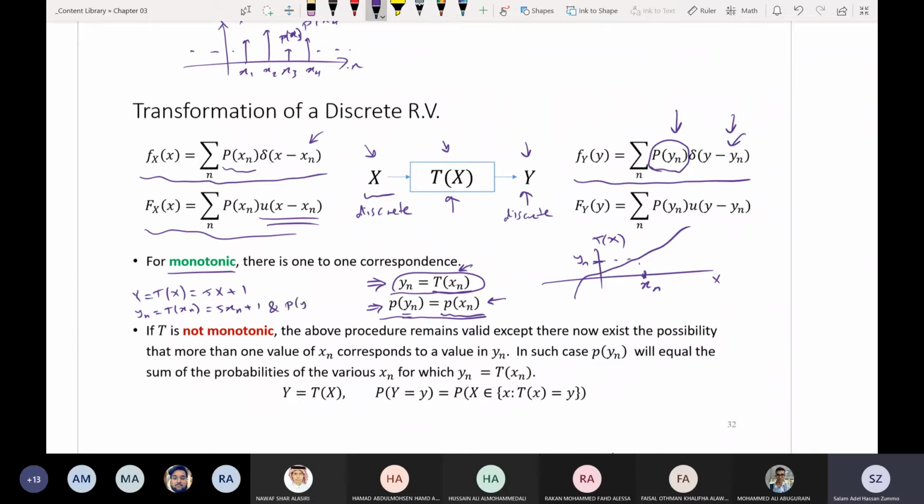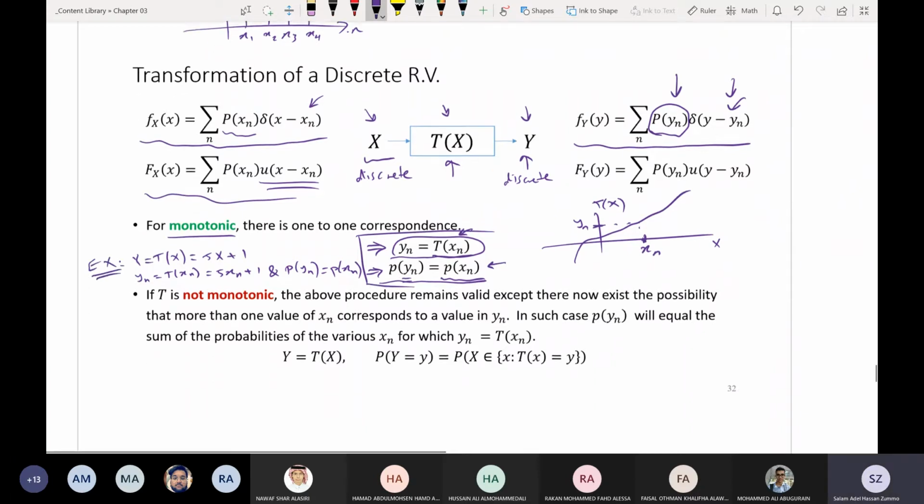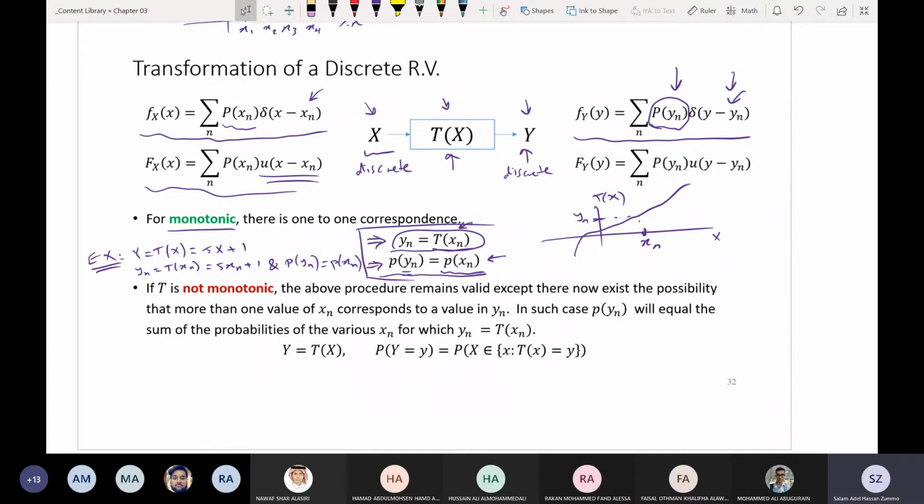And the probability of y_n for every one of these values equals the probability of the corresponding x_n. Clear? Guys, any question?